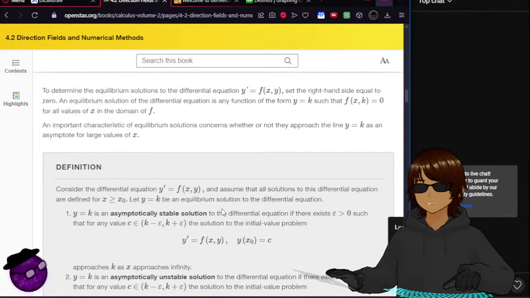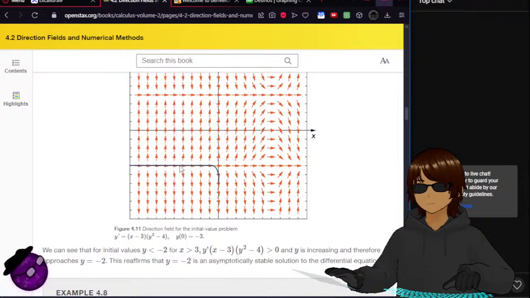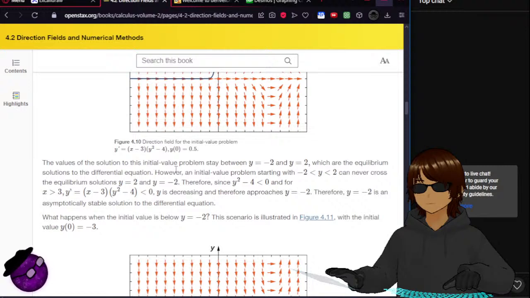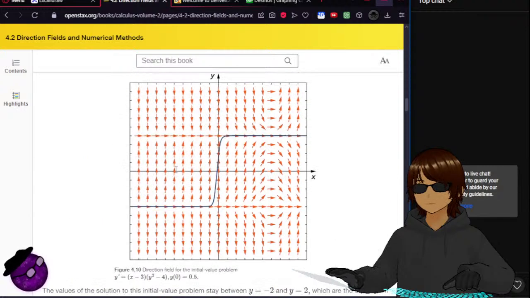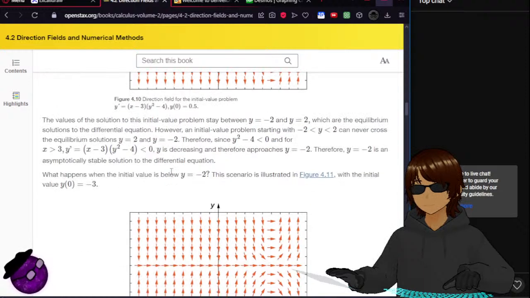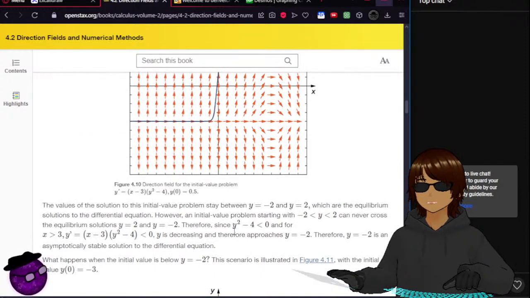What about the previous one? It doesn't talk about y equals 2.